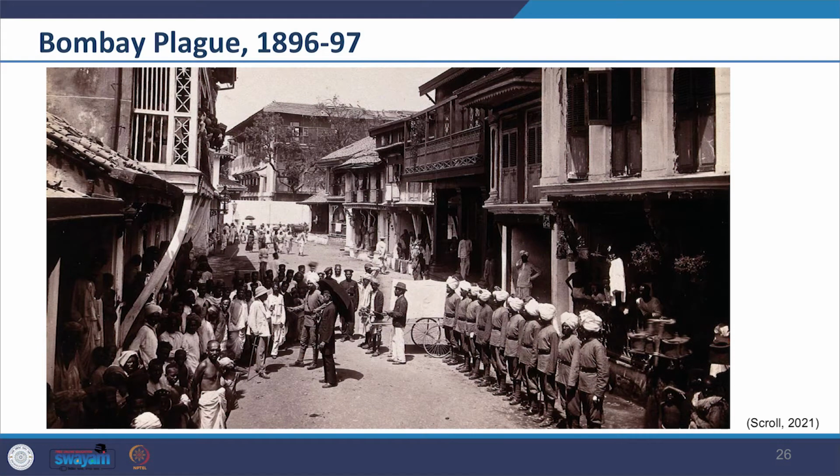Further, we see in 1896-97, we witnessed the Bombay Plague, which again brought in constructive changes in the planning legislation in the Indian landscape.